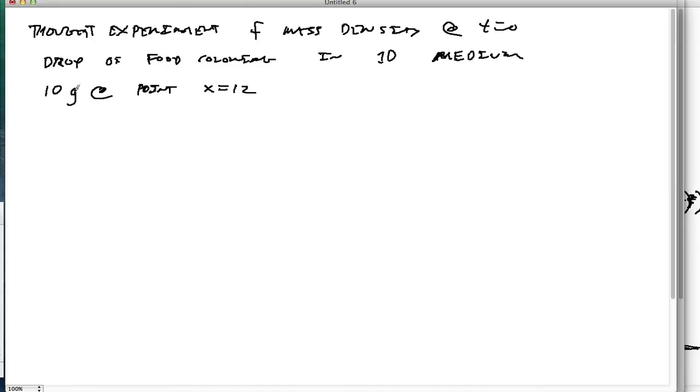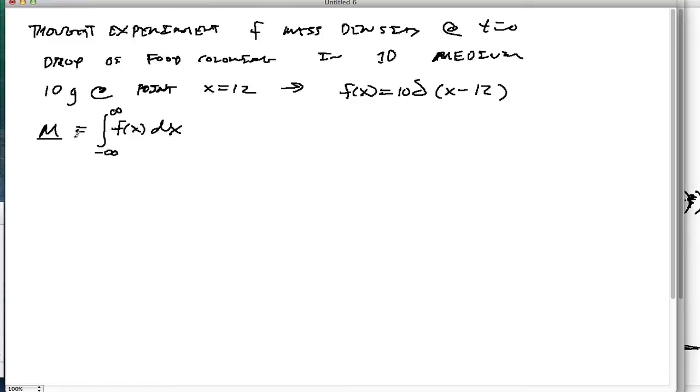All right, so we have 10 grams of stuff, and it's so highly concentrated. It's in a very tiny drop relative to the spatial scale of our system. So we're going to effectively say that f of x is the delta functional times 10, because we have a 10 gram drop, delta of x minus 12. Our total mass in the whole system is, of course, the integral over the whole space of f of x, because f is a mass density.